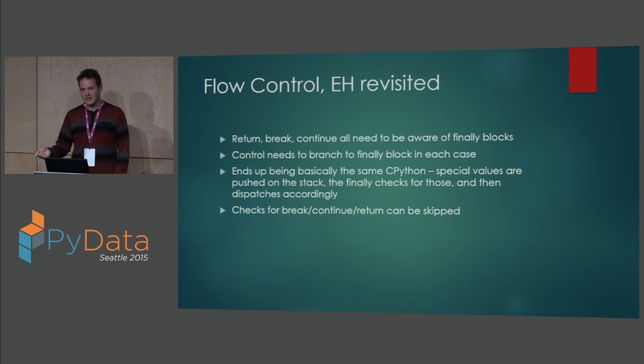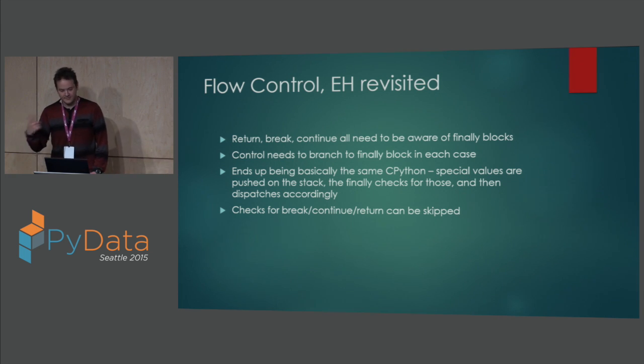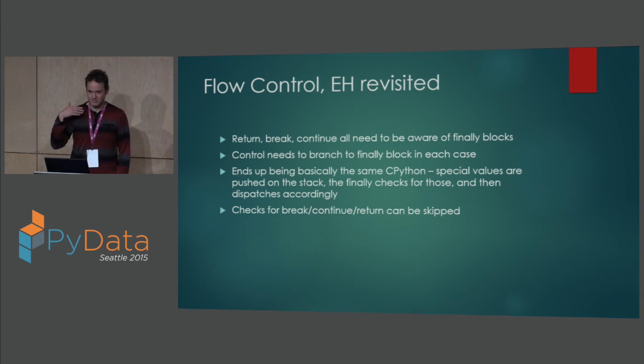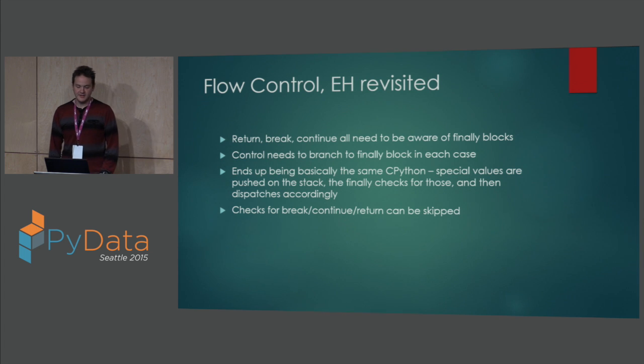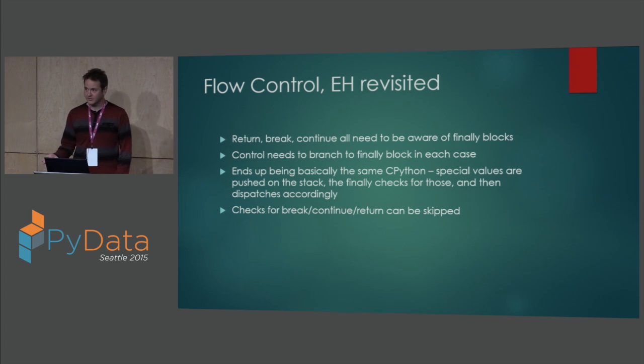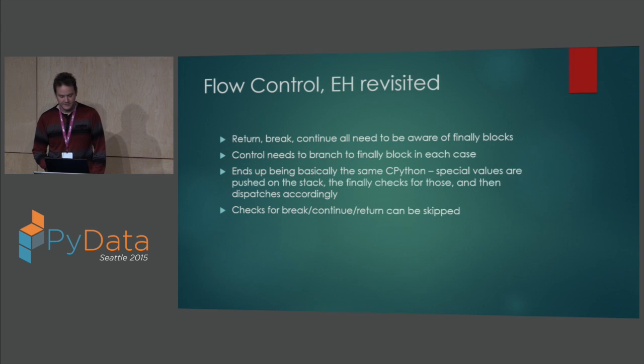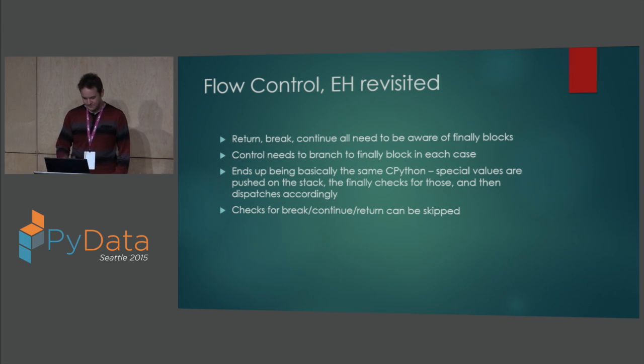And so when we hit a break, continue, or return, we actually have to go through the block stack and add dispatches out into the finallys. And we do the same trick, actually. Like our in finally blocks, we end up pushing special values on the block, and our finally blocks are always expecting to start with one value on the stack. And they'll check that value and then break, continue, or return. The nice thing is we can detect whether or not there's break, continues, or returns inside of these blocks, and we can get rid of those checks entirely if we don't need them.